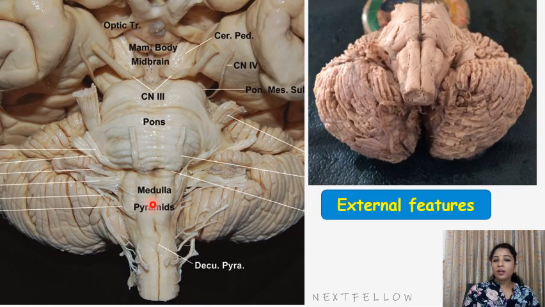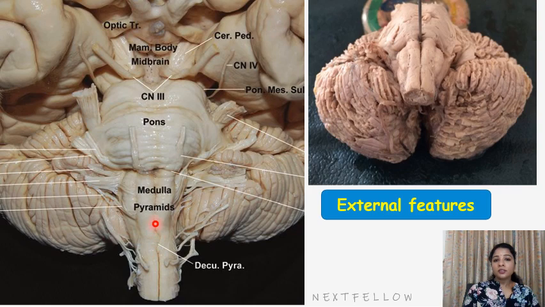And this medulla, we saw previously, is present in the posterior cranial fossa, and we know it is the lowest part of the brain stem, which continues as the spinal cord below the level of foramen magnum. And the 9th to 12th cranial nerves get origin from the medulla.